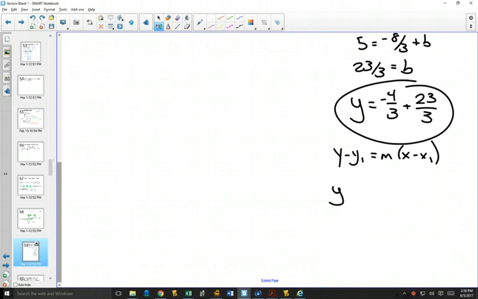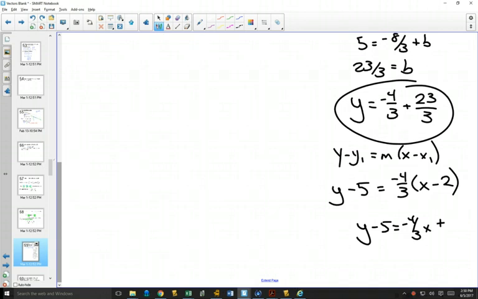So our point was 2, 5, and then you would have to multiply this out, rearrange things, and you will get the same thing as your equation of your line, y equals mx plus b.